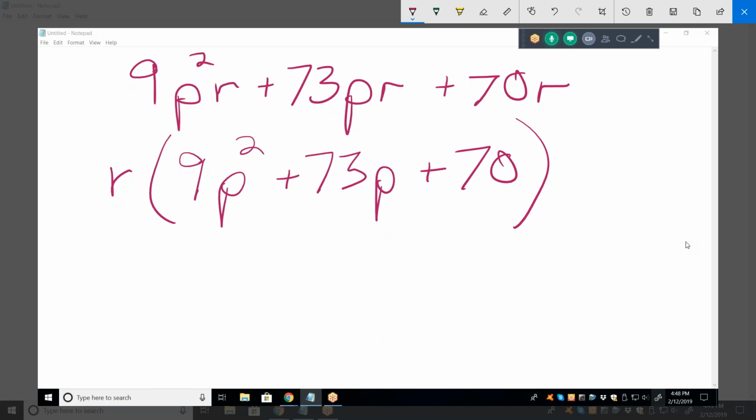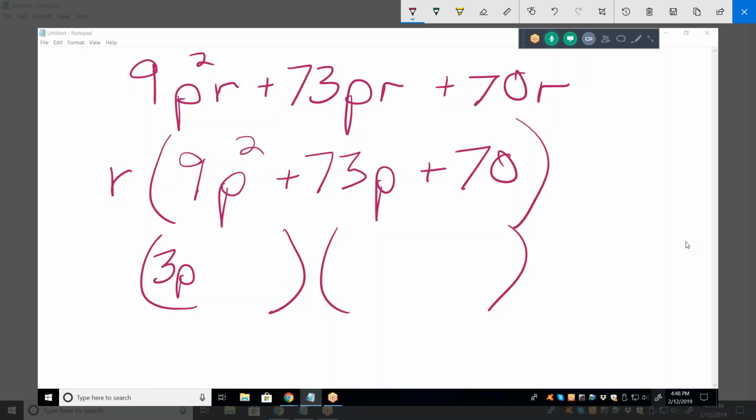So let's factor this. Notice that there's two different ways to split up the p's. Which one should we try first? It would be 9p and then p on the other side. Choose the closest factors always. So 3 and 3. Yeah, that's what I'm starting with.